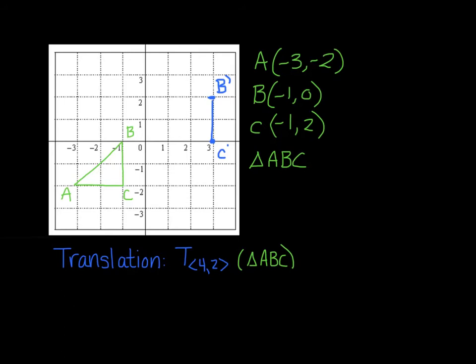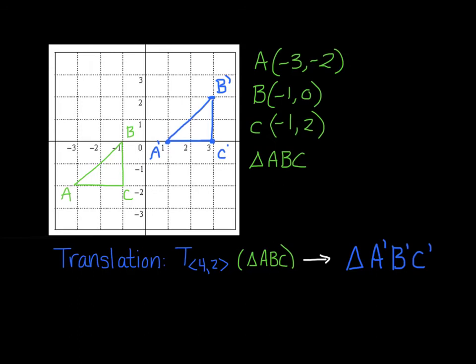A does the same and becomes A prime there, and now I can redraw my triangle. That goes to triangle A prime, B prime, C prime. These are congruent triangles.